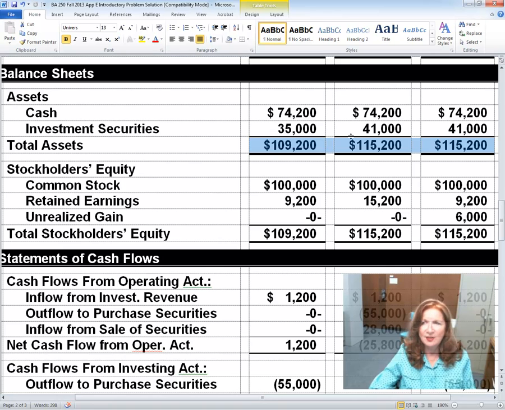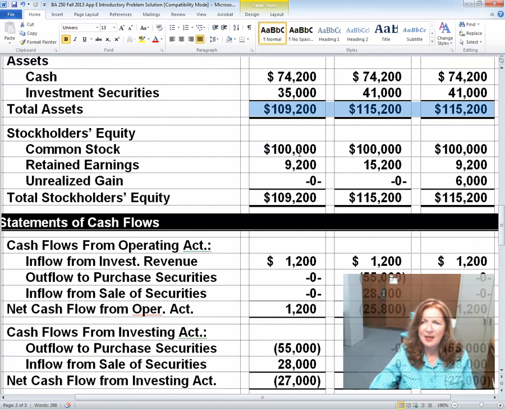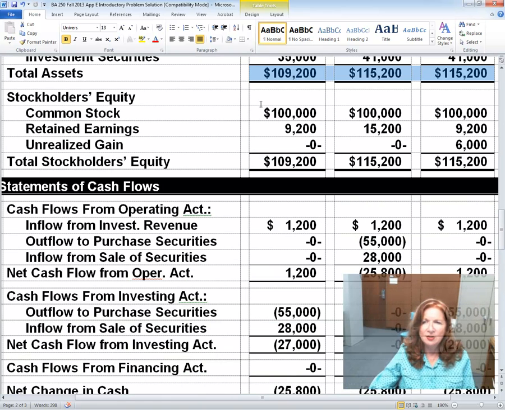Under these two assumptions for trading securities and available for sale, the assets are the same, but they're not the same as if you're holding them to maturity. Now here's the capital stock, and the company is the same. Then retained earnings is the same on held to maturity and available for sale, but for the trading securities, the operating income got the gain.